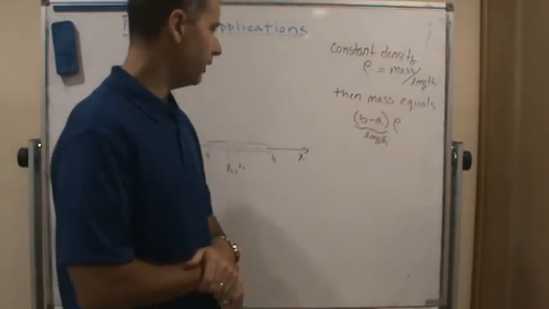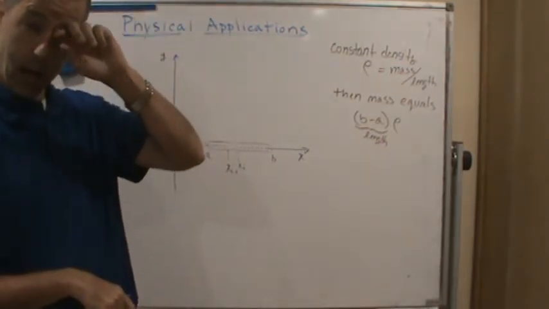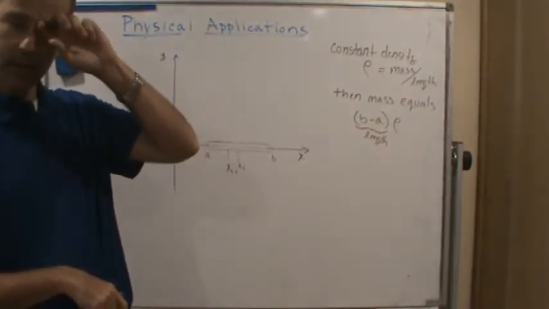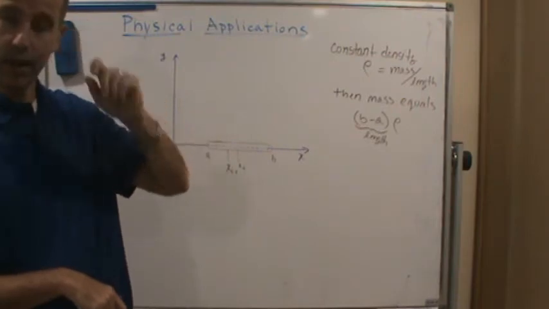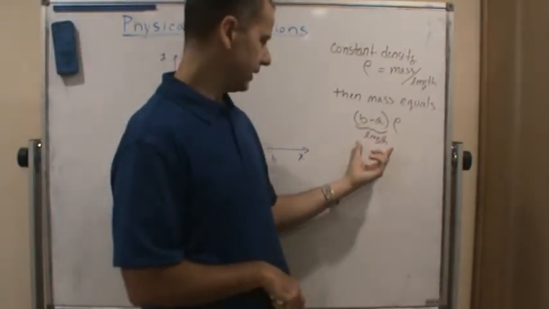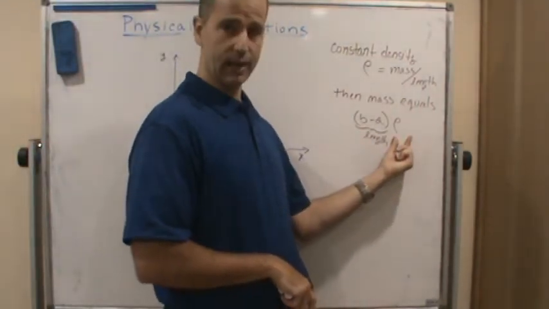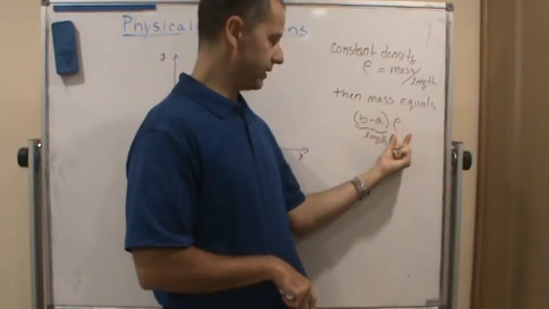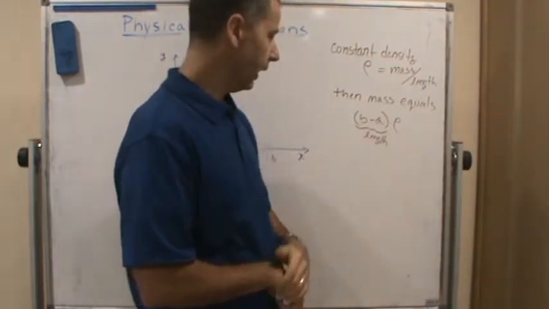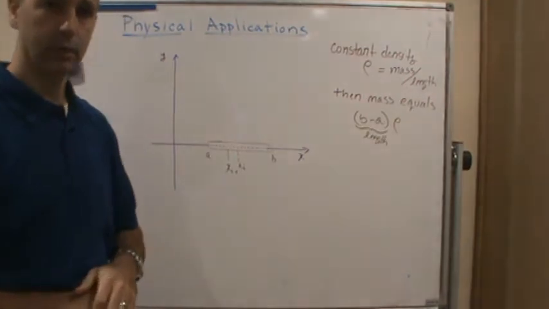Now, if I wanted to find the mass of a rod that has a constant density, that's easy. That's just an algebra problem. I just take the length of the rod times the constant density rho, and I have my mass, and I'm done.